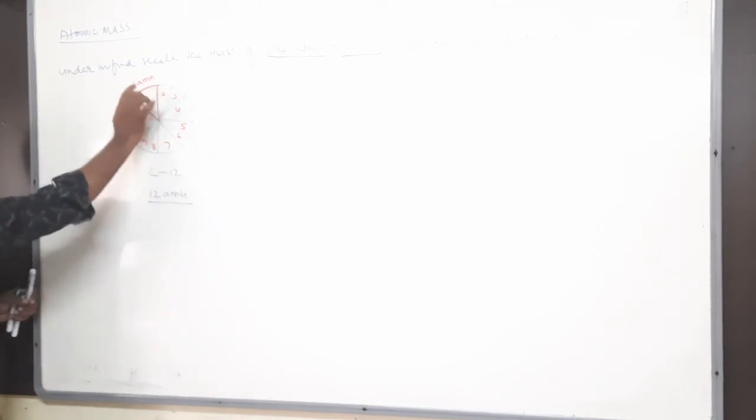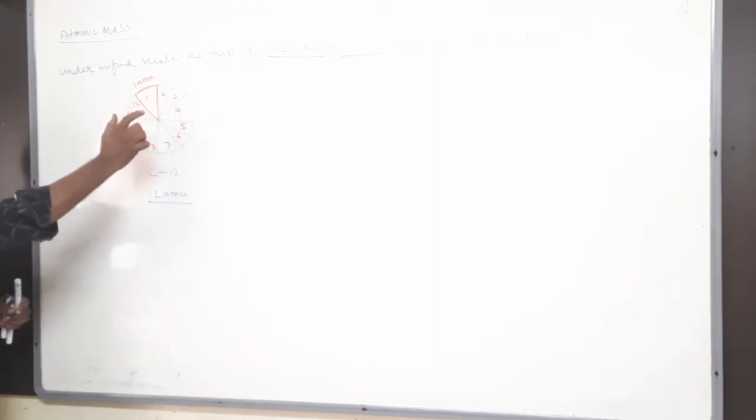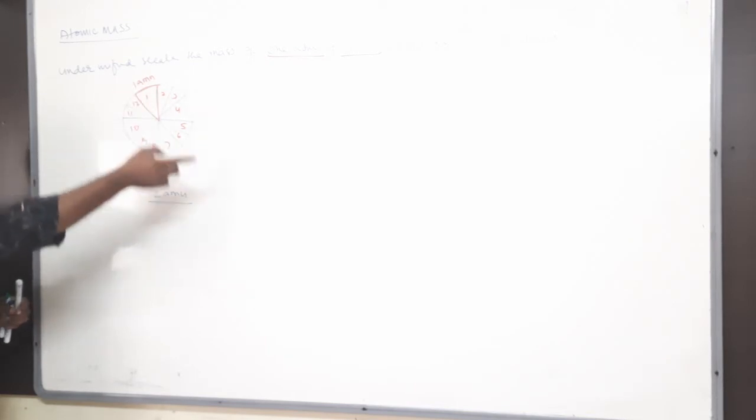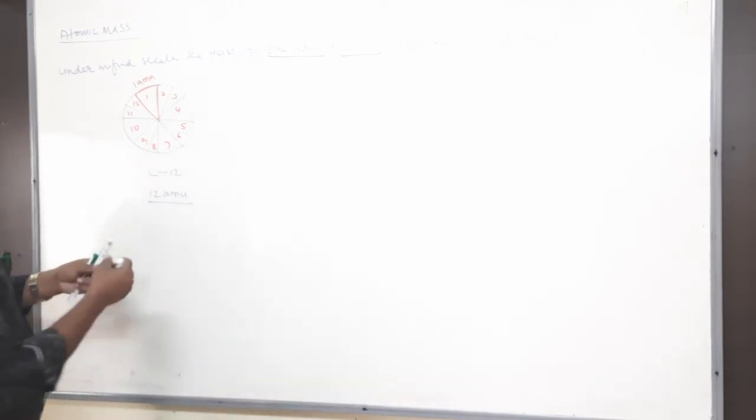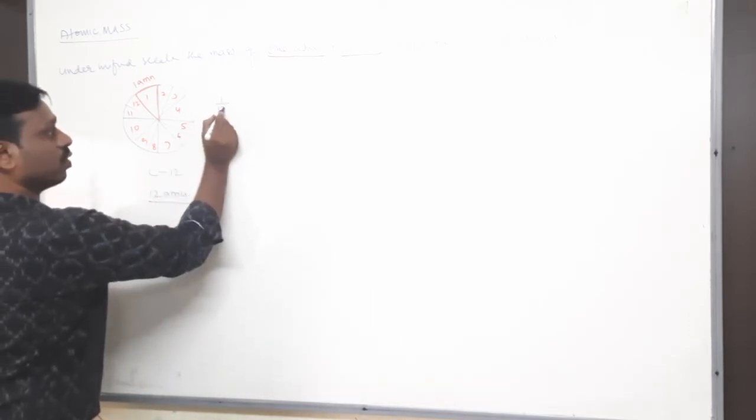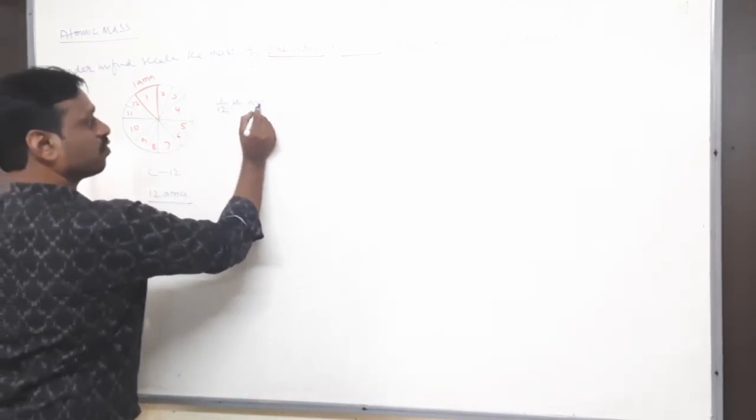Right? So therefore, how do you define 1 AMU? This part is nothing but 1 by 12th. 1 by 12th mass of one atom of carbon 12 isotope is called 1 AMU. In this way, the AMU is defined.